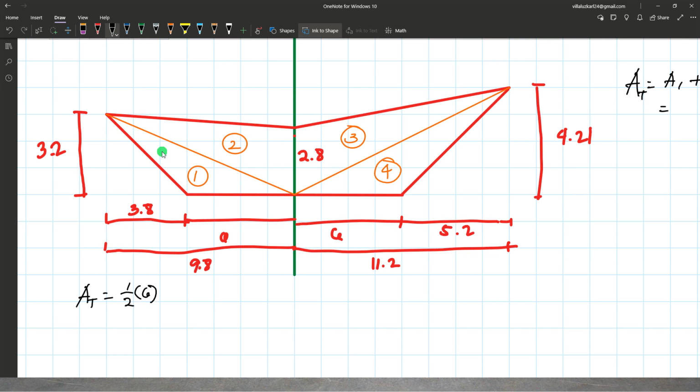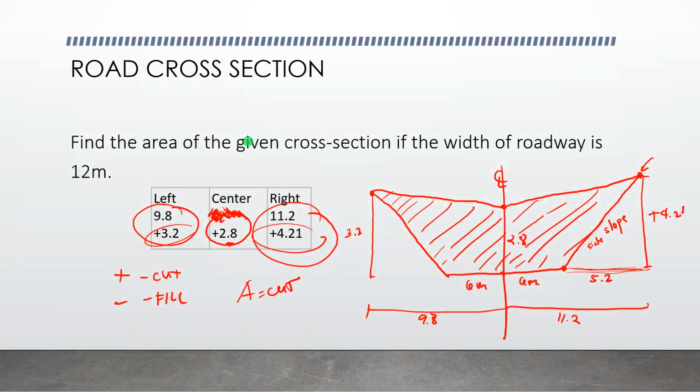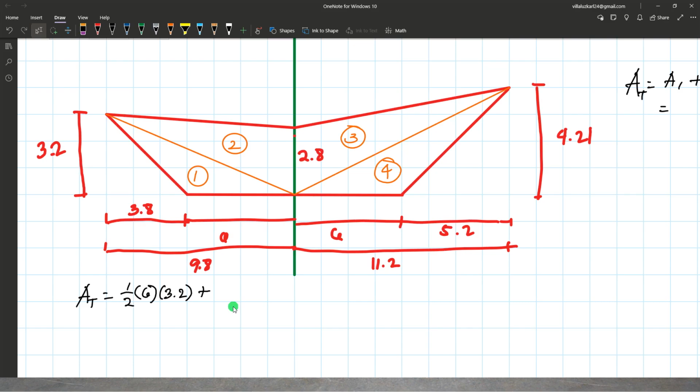And the height, the altitude, is the perpendicular distance from the base to the highest point. That's 3.2. So that's your height. 3.2, plus 1 half.